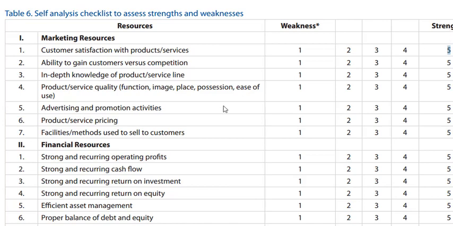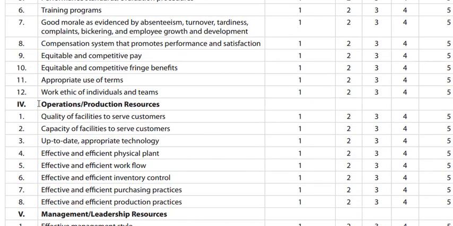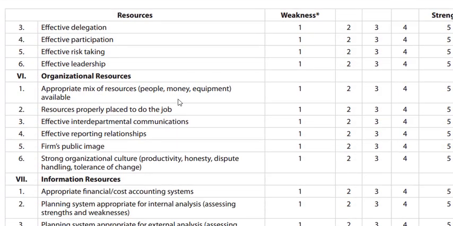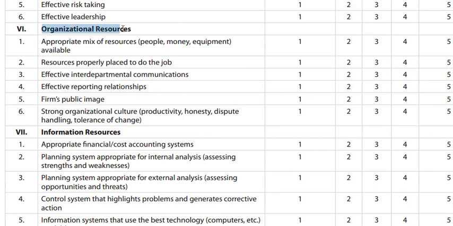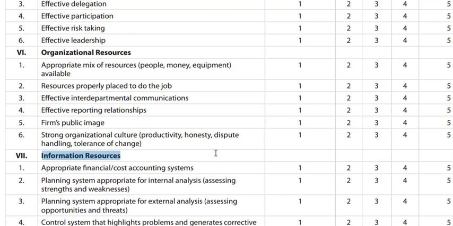The resources inside the organizations are divided into different categories. As we have talked earlier on, these are marketing resources, financial resources, human resources, operational production resources, management leadership resources, organizational resources, and informational resources.